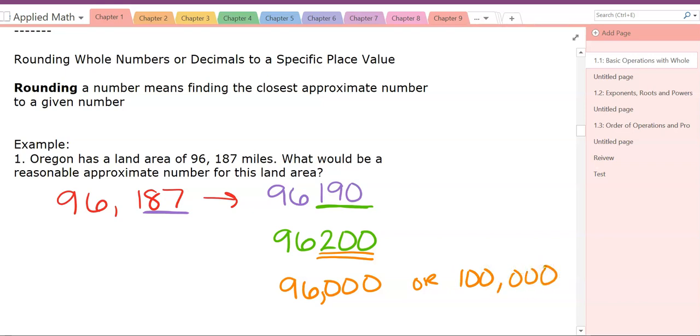So I just showed you a couple different ways we could round that number, and since they didn't specify, as long as you gave me one of these down here, that would be acceptable. But if they specify where they want you to round it, then you should follow kind of the steps that I took to get there.